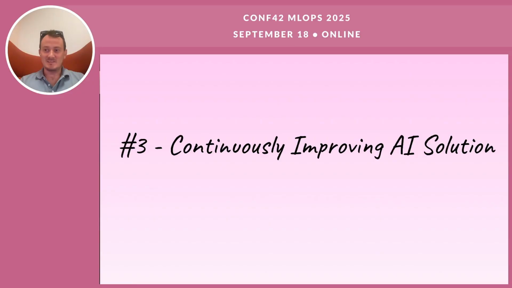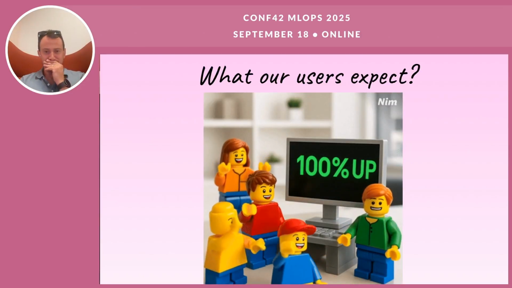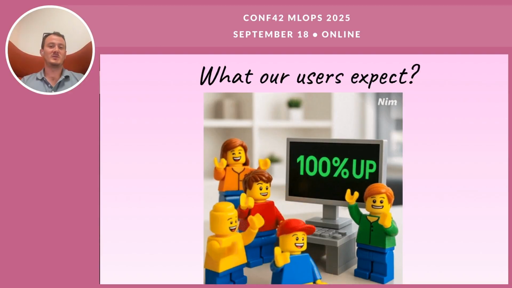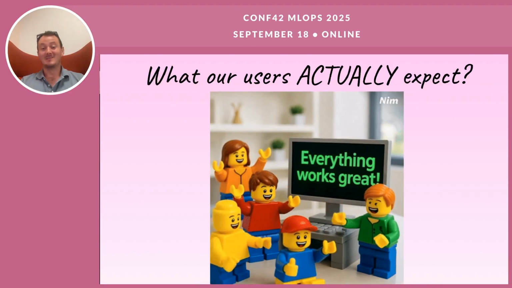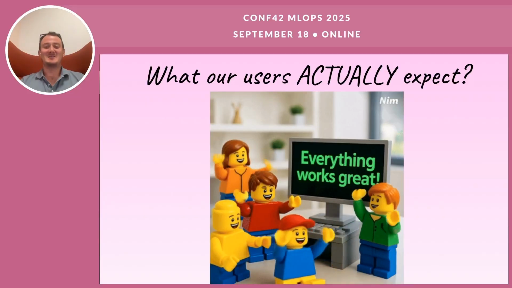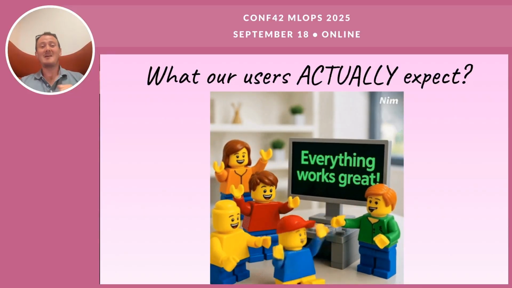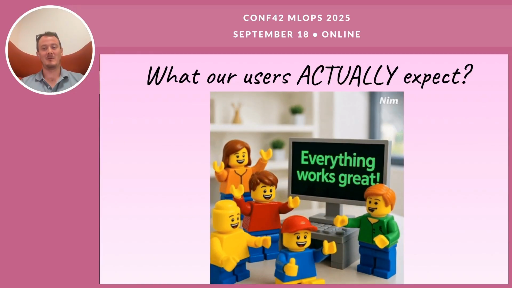All right, the last subject that I want to talk to you about today is how AI solutions need to continuously improve. So earlier we said that this is what our users expect, for our system to be 100% up and always work. But actually, this is what they expect. They expect not only that the system is up, they expect that everything works great to what they expect of the system and how they use it.